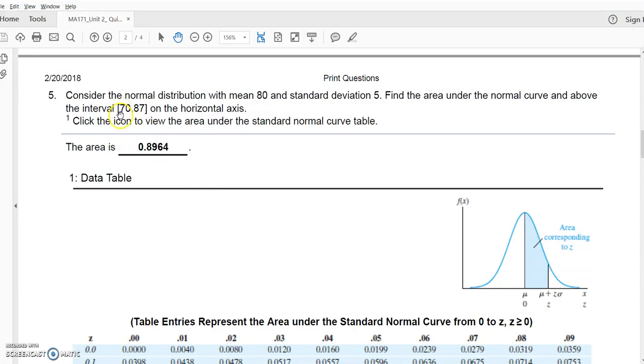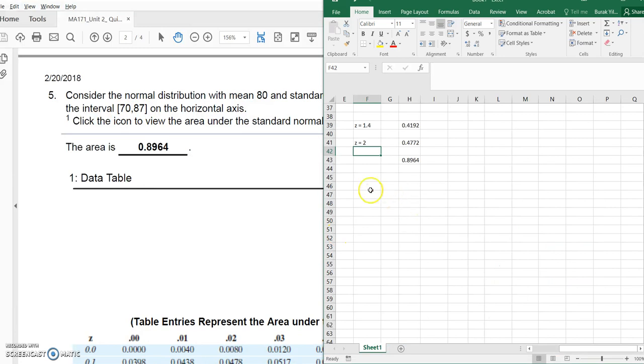So now look at this interval. It's 70 to 87. I'm going to put x1 equals 70 and x2 equals 87.